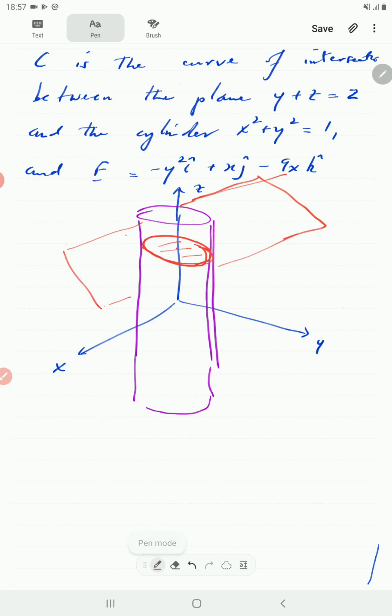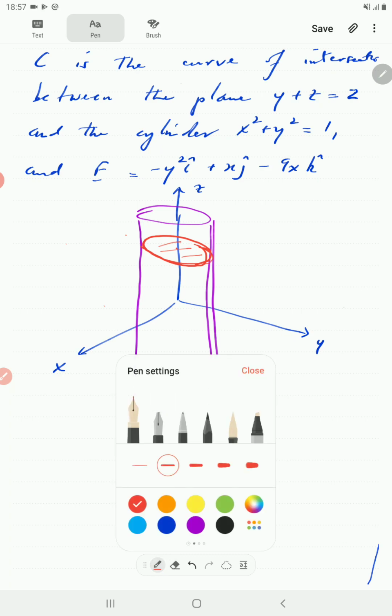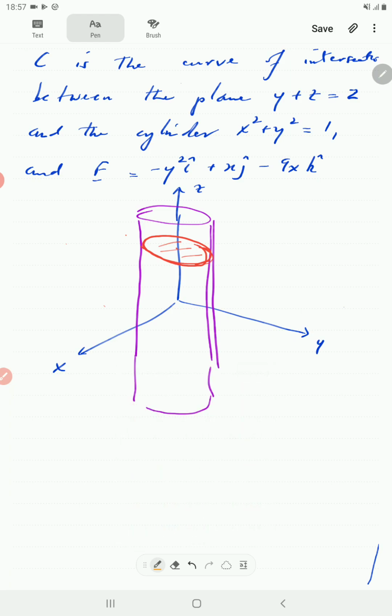Okay, so if we just remove everything else, this is the situation we have. Let's remove this, remove that.